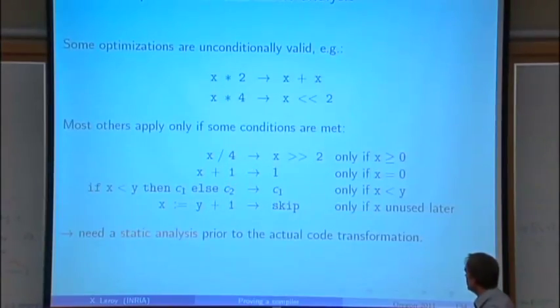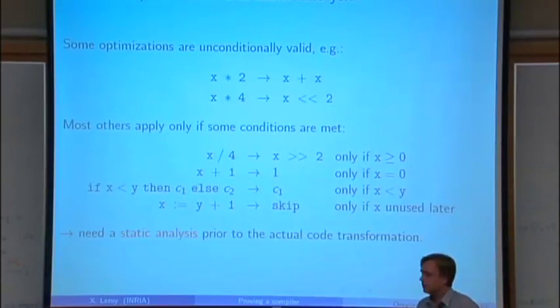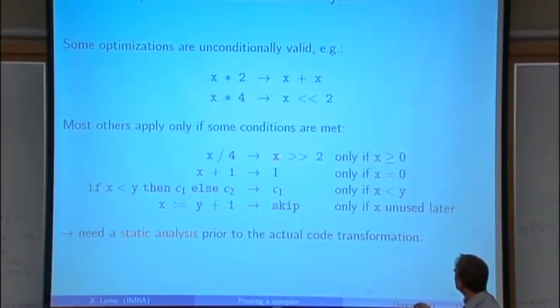You need some conditions to be met in order to apply the optimization. For instance, a divide by 4 is equivalent to a right signed shift by 2, but only if x is positive, because if x is negative, the shift rounds down and the division rounds towards 0.